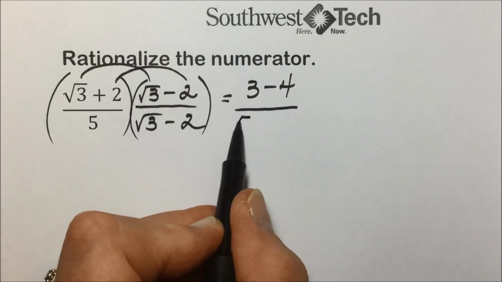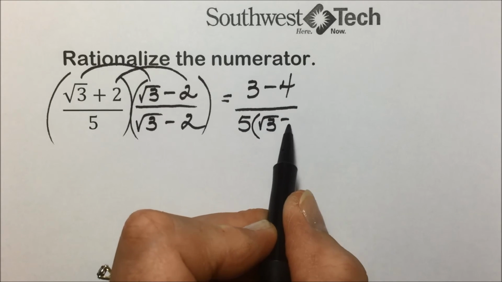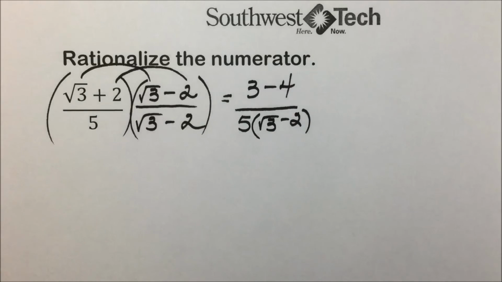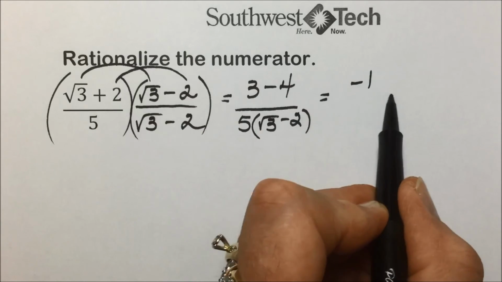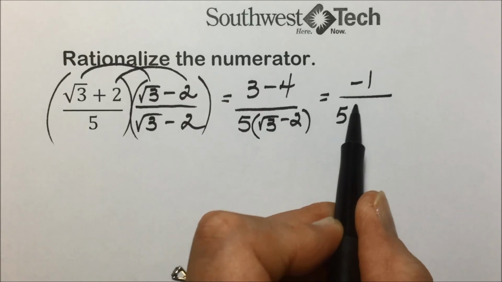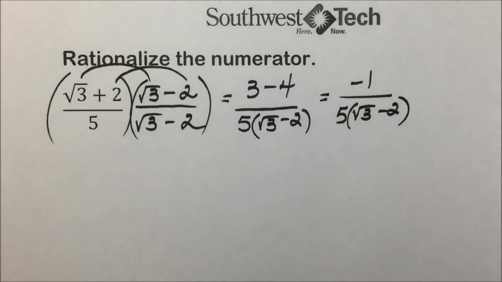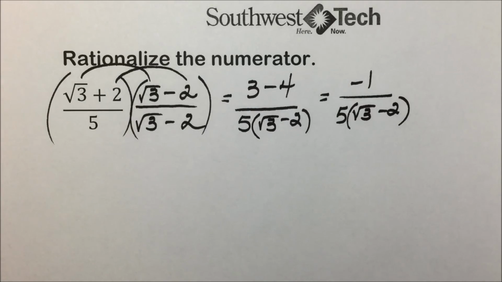In the denominator, we'll leave it as is, as a binomial times a monomial looking term. Simplifying in the numerator, 3 minus 4 is a negative 1 over 5 times the square root of 3 minus 2. We have rationalized the numerator by multiplying by the conjugate of the numerator and eliminated the radical.